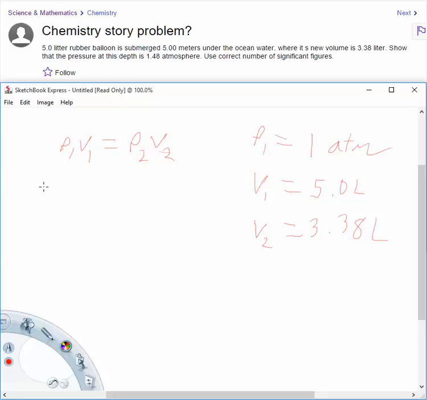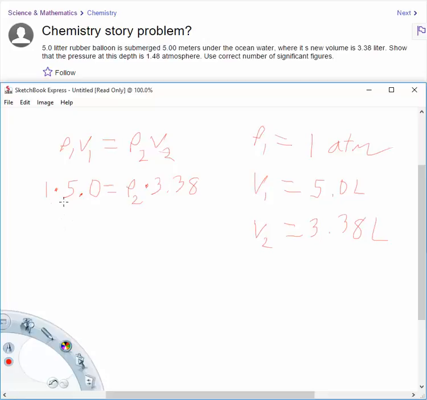So we got 1 times 5.0 equals the final pressure, P2, which we're going to prove is 1.48, times the final volume, which is 3.38.